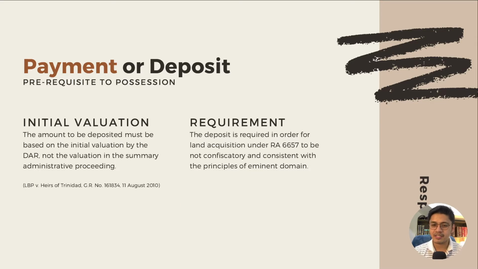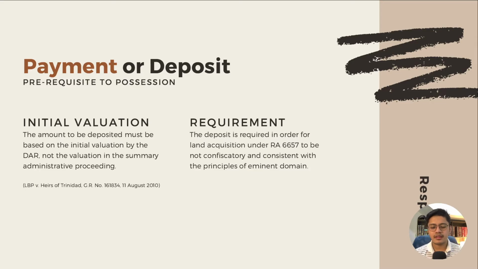Right? Deprived of his private property, and therefore there must be, as a condition precedent, just compensation. All right? And within the framework of RA 6657, in order for this condition precedent to be satisfied, there must be this payment if you accept, or deposit if no reply, or if he replied but rejected the initial valuation. All right?